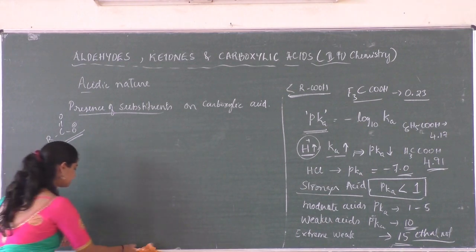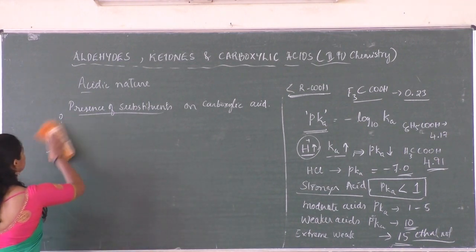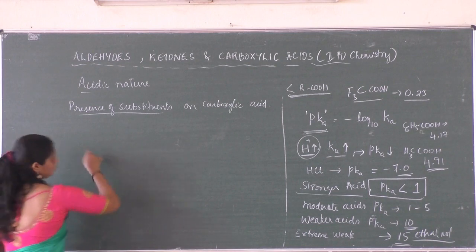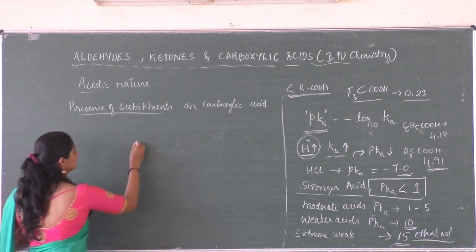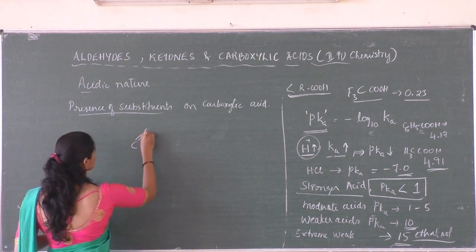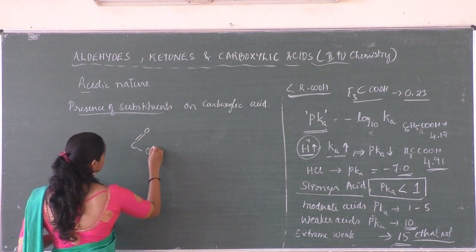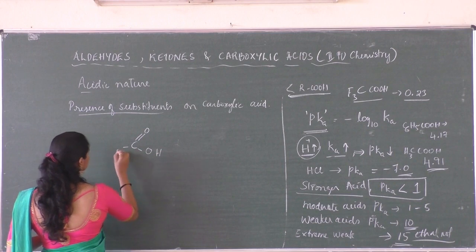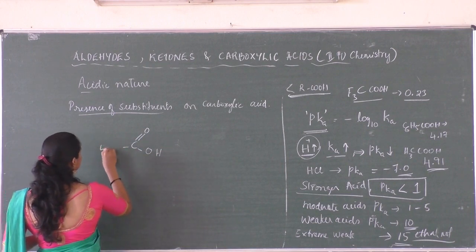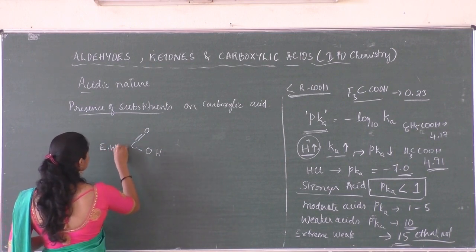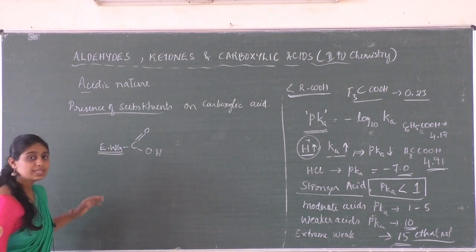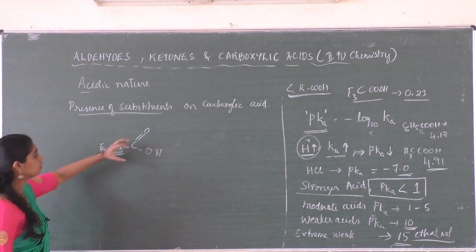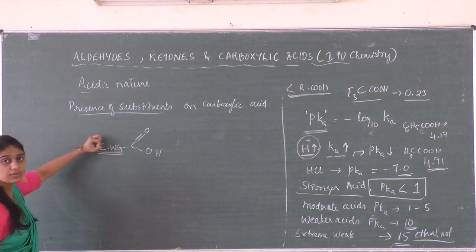Let us see that. Consider the presence of electron withdrawing groups on the carboxylic acid. Electron withdrawing groups tend to attract the electrons towards themselves.